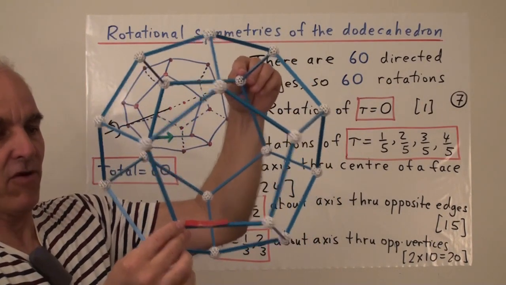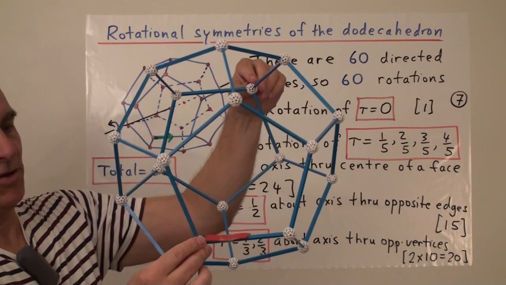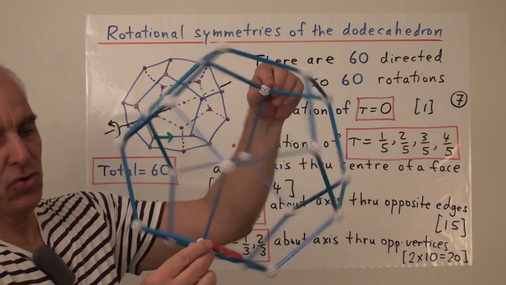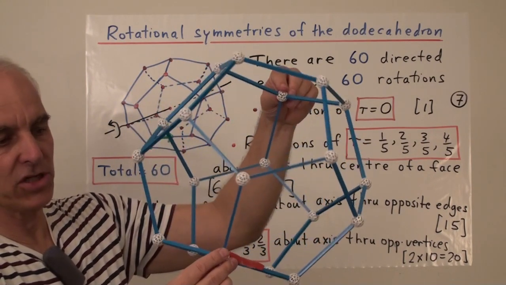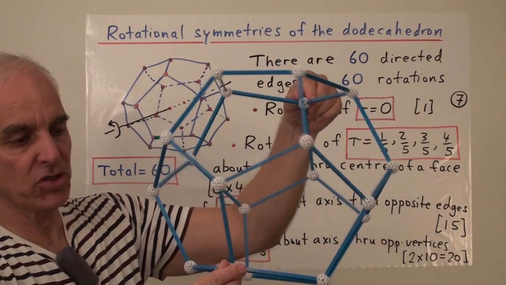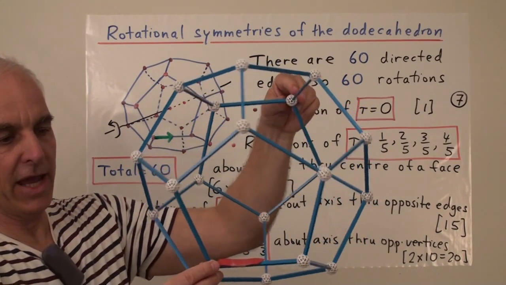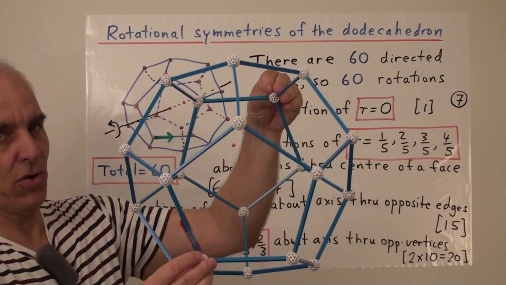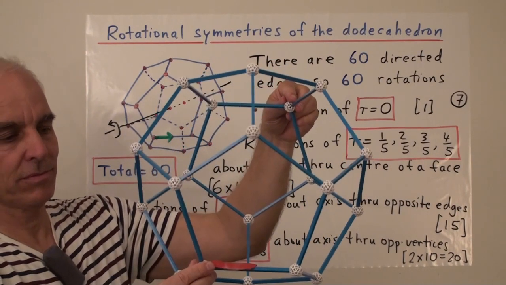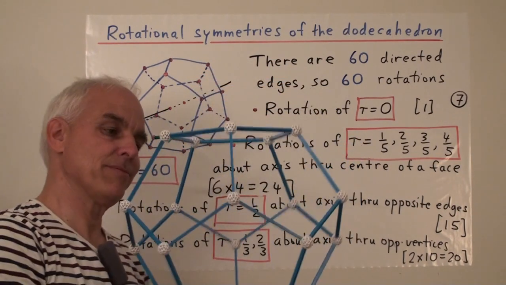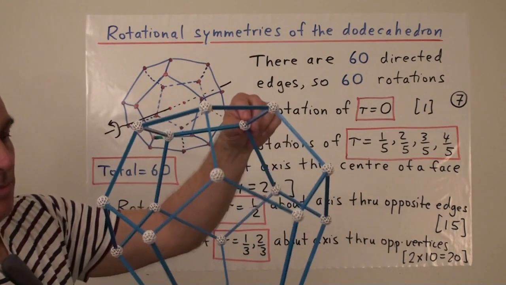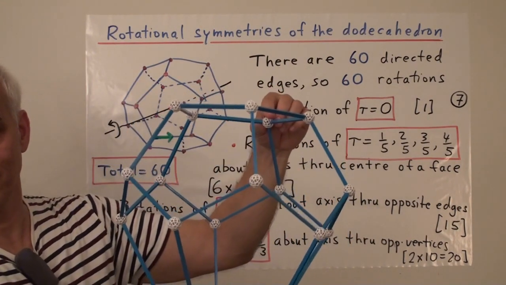So given a pair of opposite vertices, now in standard position again, there are going to be 2 rotations. One by a third of a turn, and the other by a negative third of a turn, or 2/3 of a turn. And how many such rotations are there? Well, how many pairs of opposite vertices are there?